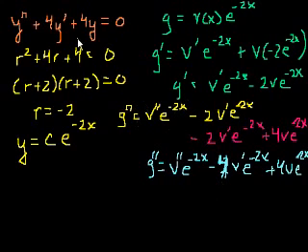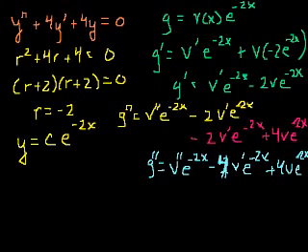And now, before we substitute it into this, we can make one observation that'll make the algebra a little bit simpler. Notice that g is something times e to the minus 2x. G prime, we could factor out an e to the minus 2x. And g prime prime, we can factor out an e to the minus 2x. So let's factor them out.